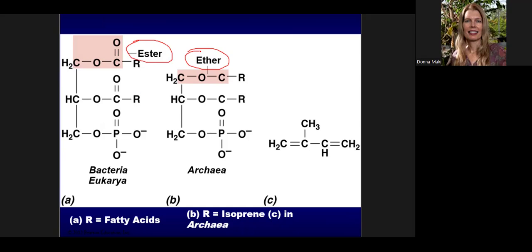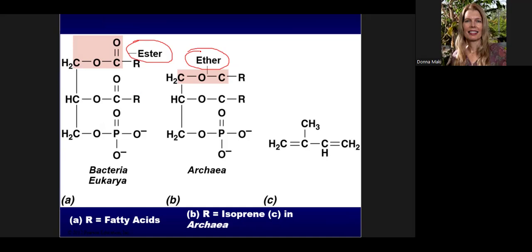And I know that sounds picky, but it just seems to be a very standard thing. It's very rare to see this rule being violated in any way, right? And so that ether versus the ester. So this is right where the fatty acids connect, okay? It's right there as part of the cell membrane.